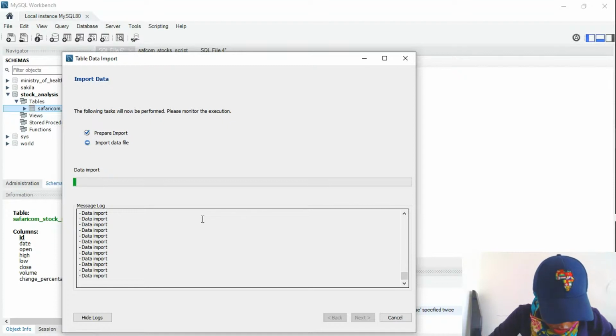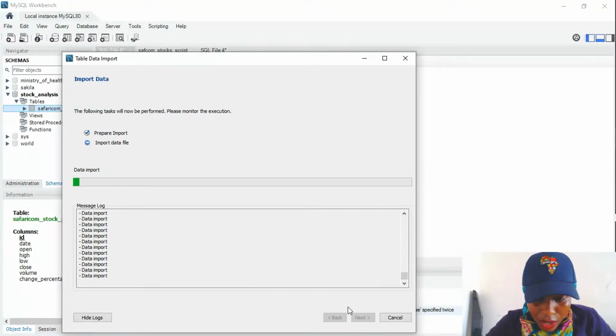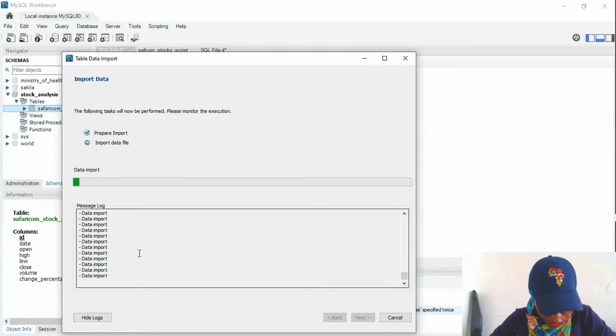Position 0 is the first column, so maybe let me handle that later, because I'm thinking it's your first column.